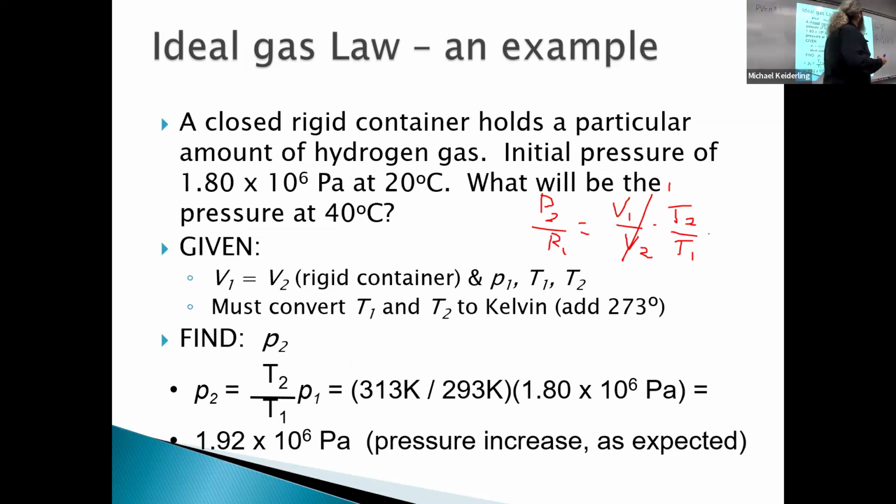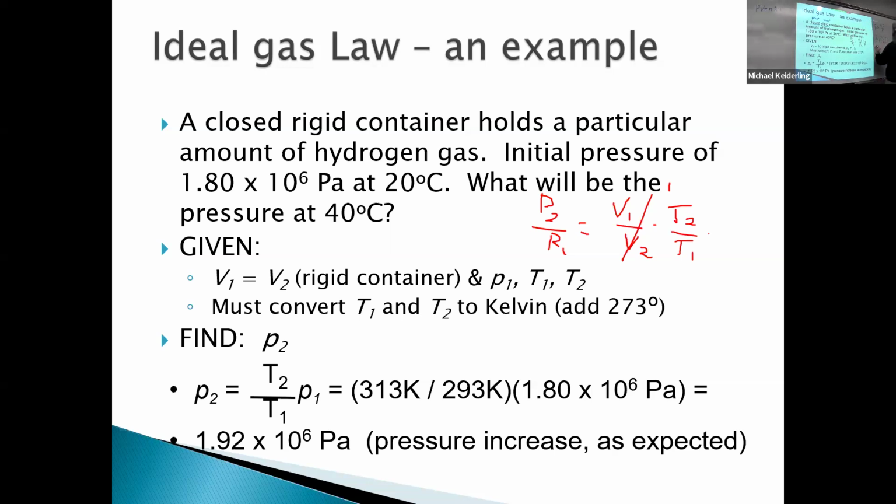Well, we know volume is constant and N is constant, so we could replace those terms with ones, and we get P2 over P1 equals T2 over T1. If we solve for P2, we get P2 equals T2 over T1 times P1, but we will need to convert from Celsius to Kelvin.